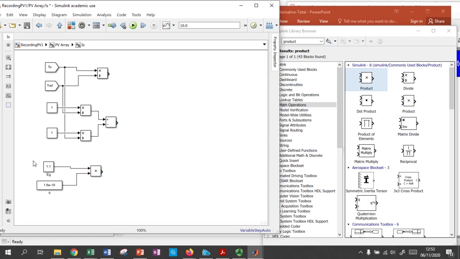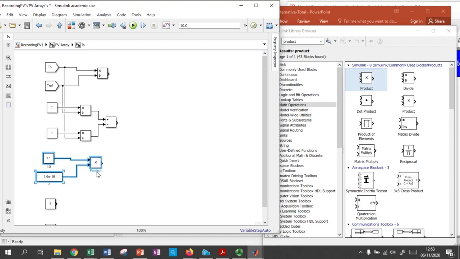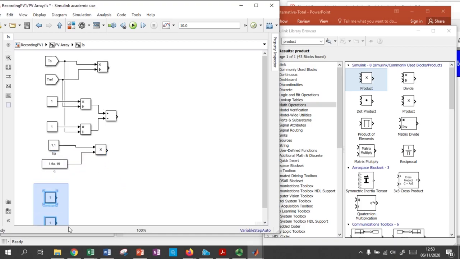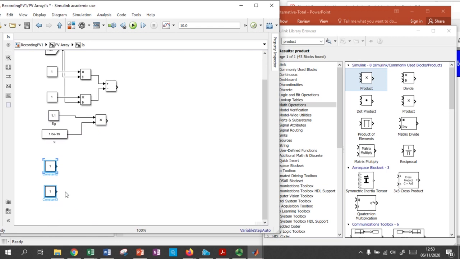It's a product. The other two things are K and A. Again, there are constants. Then we can copy and paste these two constants also, and we put them here. Then I will move them a little up, and we move these two a little up too.